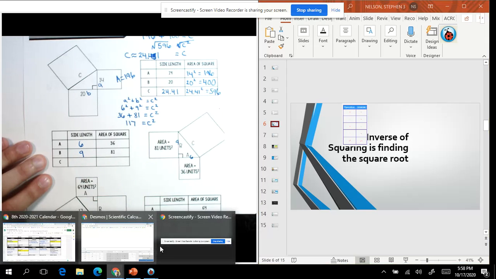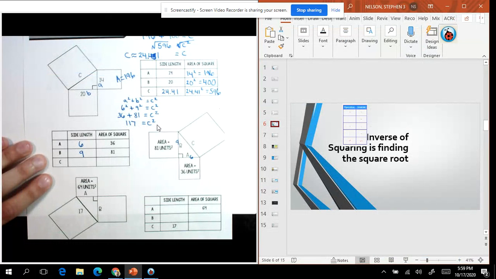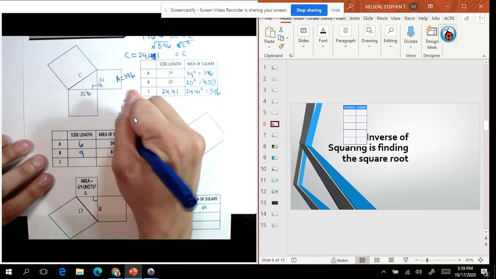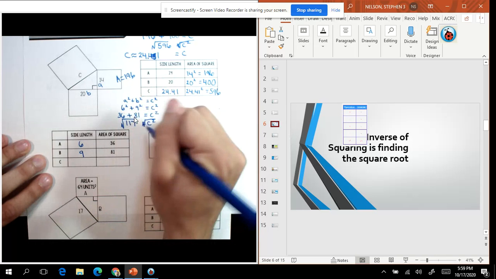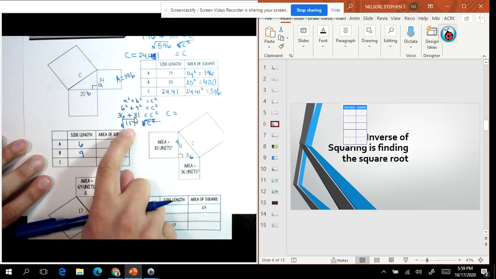Since we have a square, we need to find the root of both sides, and that'll cancel out the squared. That cancels out, and we're left with C equals whatever root 117 is.